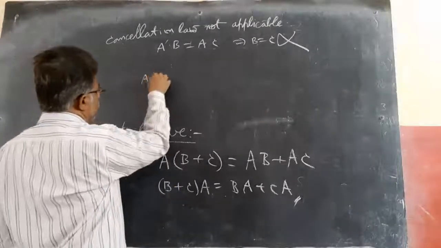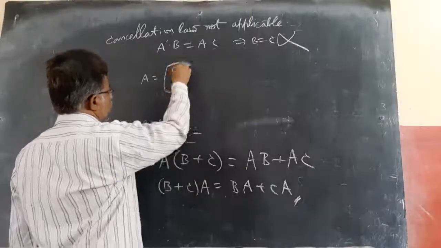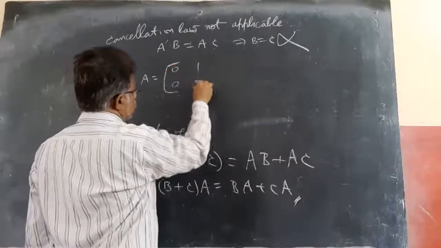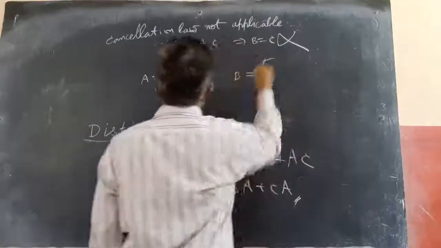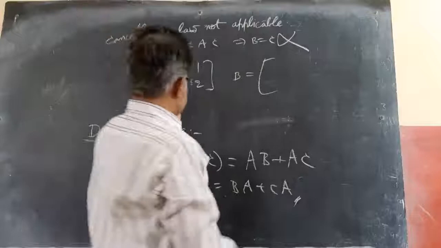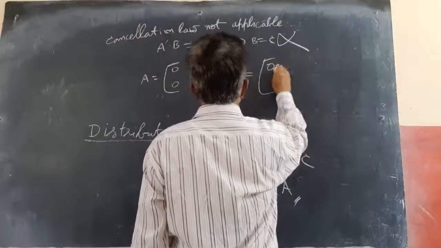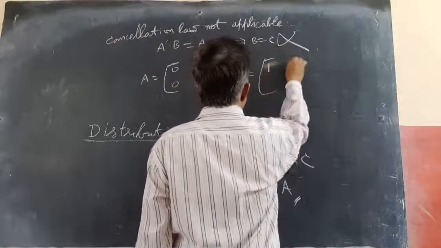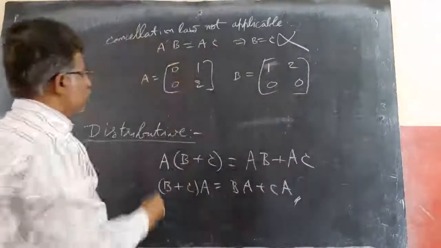Let A equal to [0, 0; 1, 2] and B equal to [1, 2; 0, 0]. What is AB?